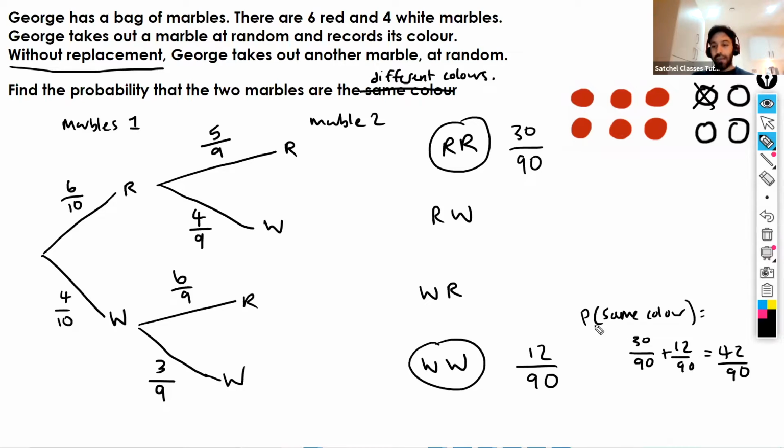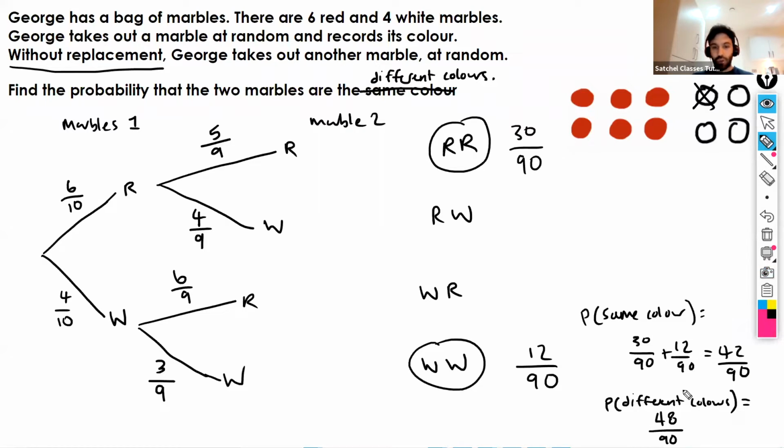What would the probability be? Now, as I said, if the probability of same color is 42 out of 90, then the probability of different colors has to be 48 out of 90, because the probability of all outcomes will add up to 1. Now let's calculate this then.